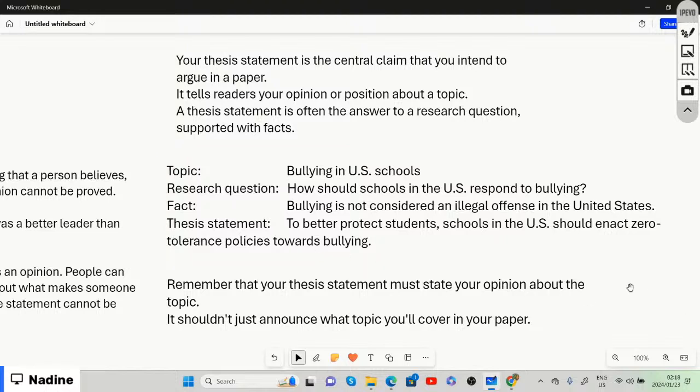And then we have a thesis statement: to better protect students, schools in the US should enact zero tolerance policies towards bullying. A thesis statement is a central claim that you intend to argue within a paper.